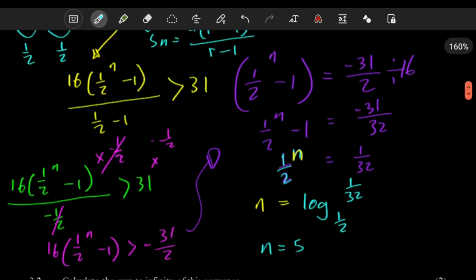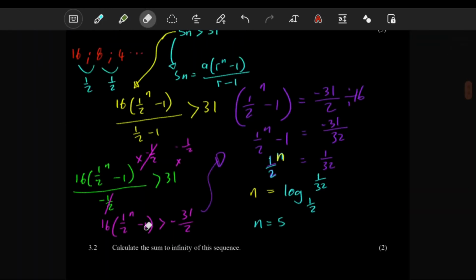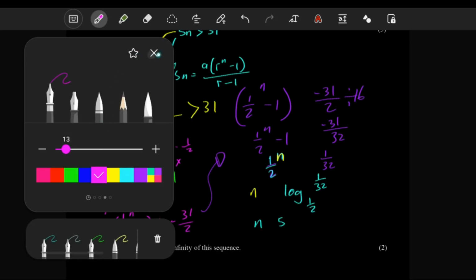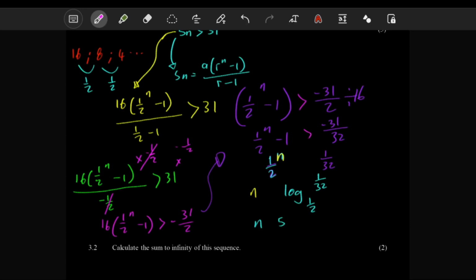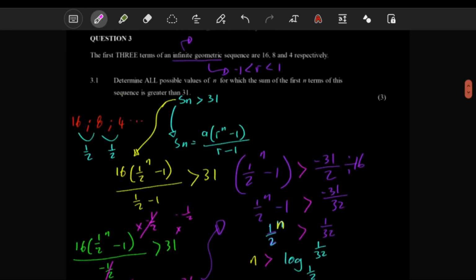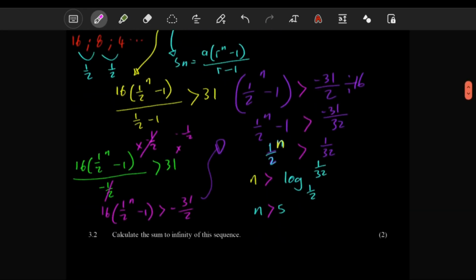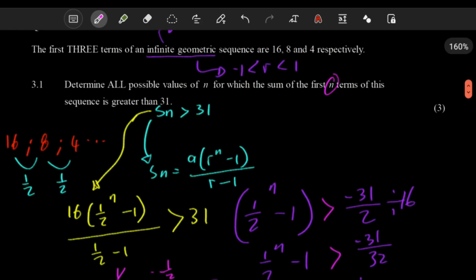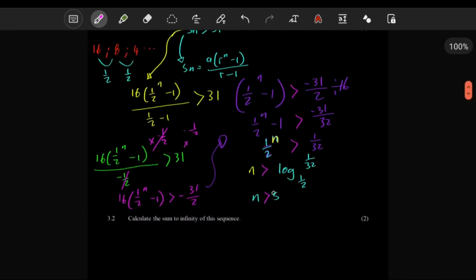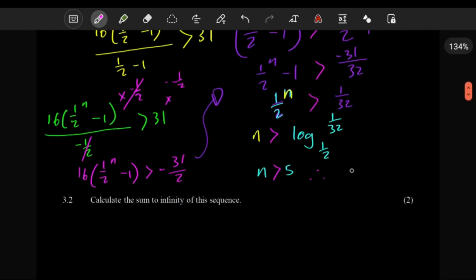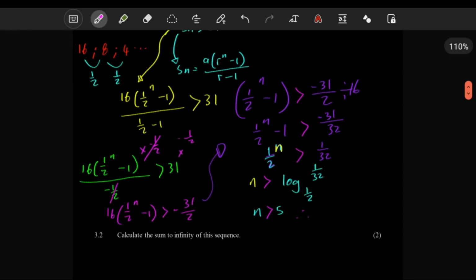So yeah, let me just put my inequality sign and then just show that everything is fine. So here, this was just supposed to be inequality. So excusez-moi over there. So this was just going to be inequality. So n has to be bigger than 5. So obviously if n has to be bigger than 5, then it just means that your value of n, because this is just an arithmetic, this is like a number pattern, can be anything like 6, 7, going on and on.